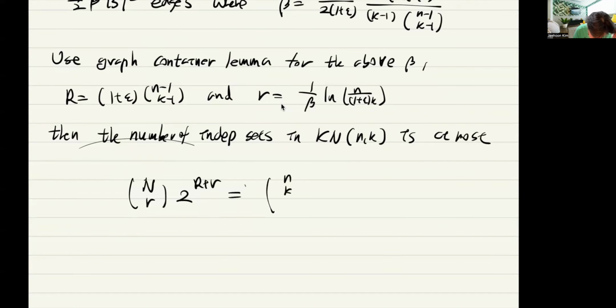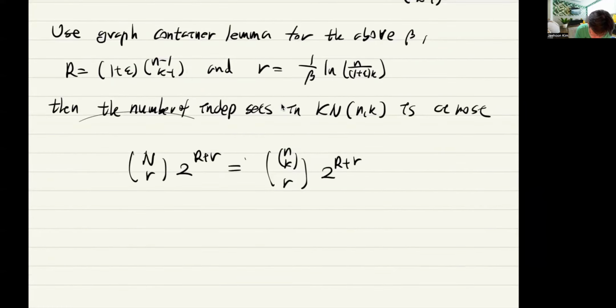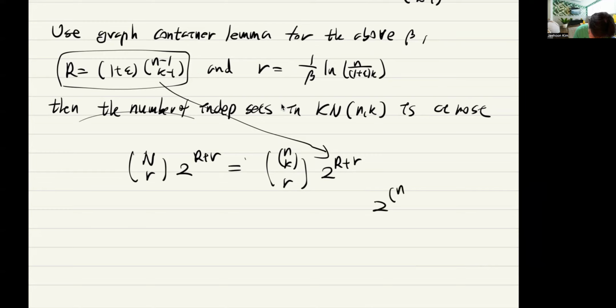And this n should be, k should be R plus r. So this term is here, and that's like 2 to the (n minus 1 choose k minus 1). And then this 2 to the smaller r is roughly like some polynomial in n.